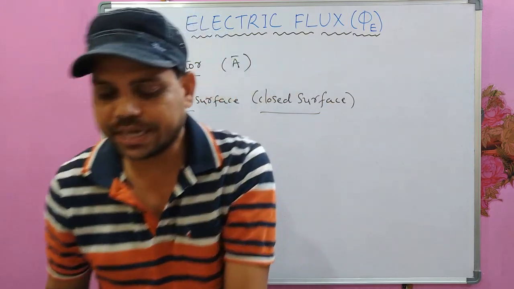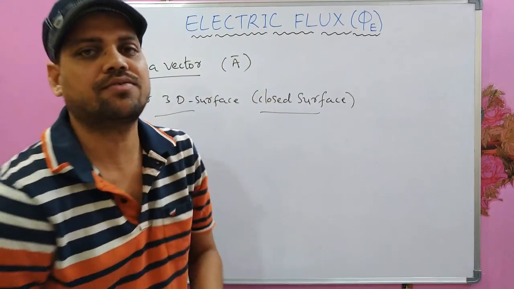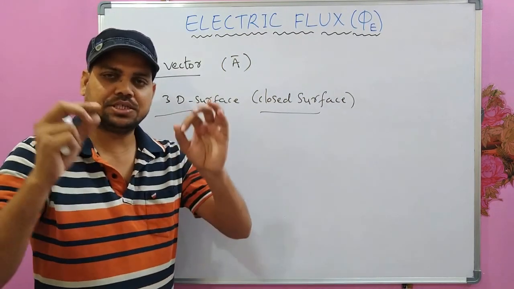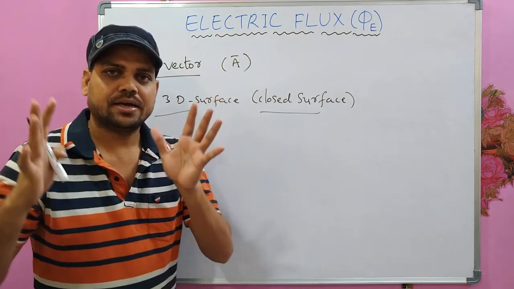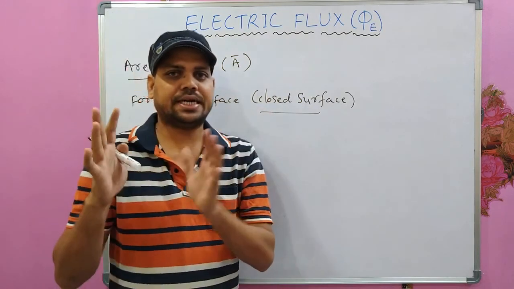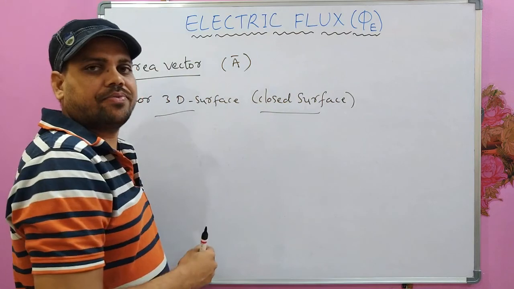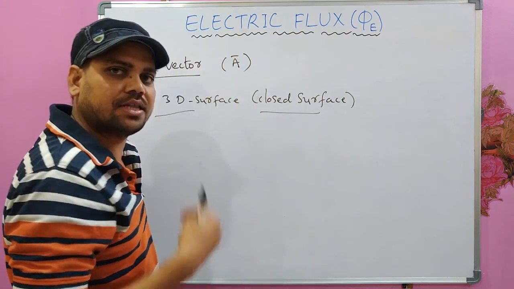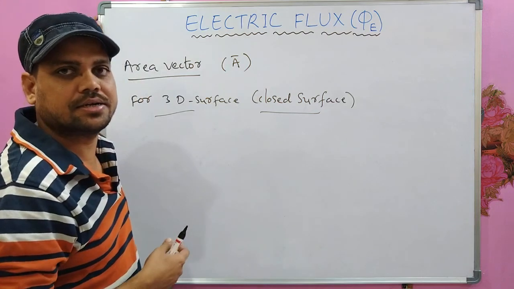Okay, so for 3D surface or closed surface, we divide that surface into small segments and predict the direction of the area vector, and then we will find out the electric flux for that area linked.